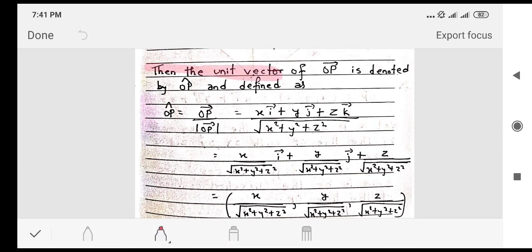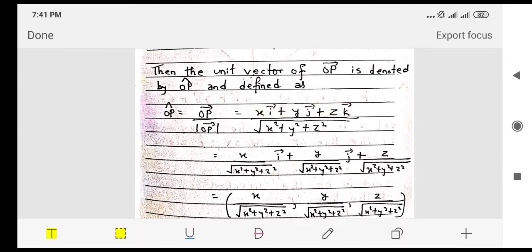The unit vector of OP vector is denoted by OP cap, as we have learned previously, and is given by OP vector upon magnitude of OP vector. So OP cap is equal to x vector i plus y vector j plus z vector k, upon its magnitude, square root of x square plus y square plus z square.